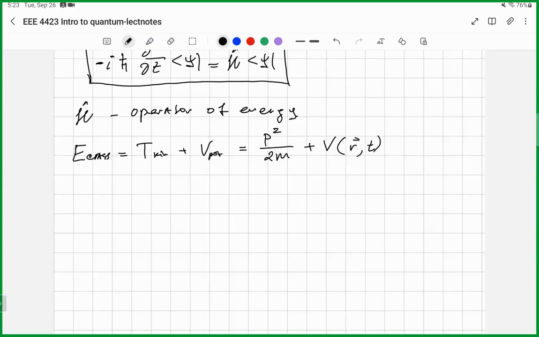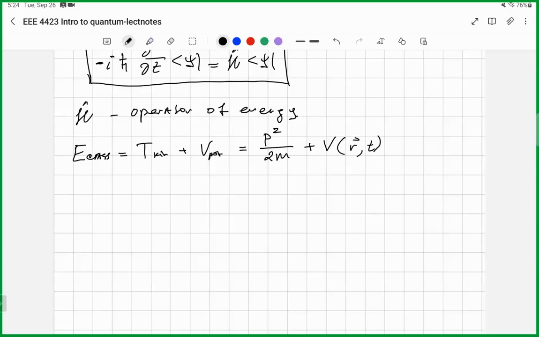For example, for a particle in the gravity field of the Earth, the potential will depend on the distance of any object from the Earth, but it is not going to depend on time.